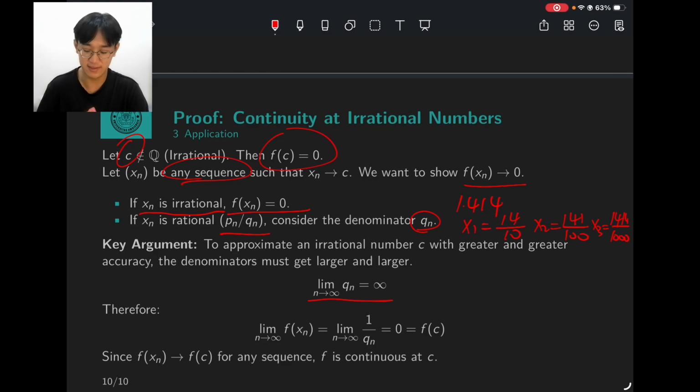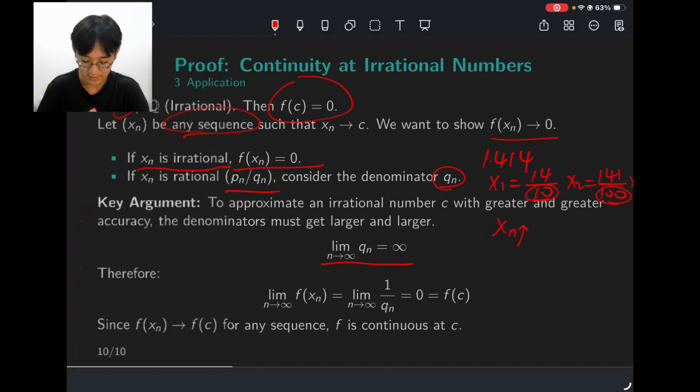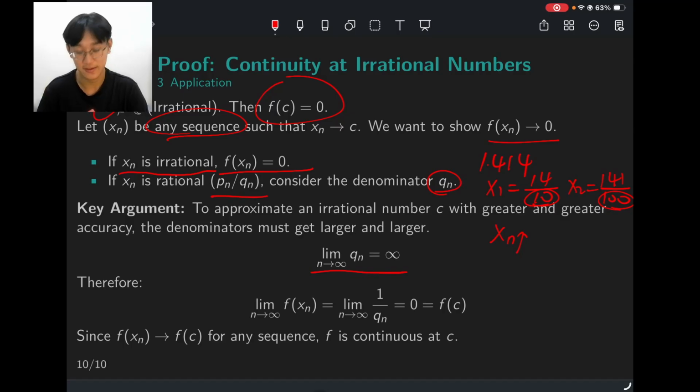I know this is not the lowest term, but as you can see, when n grows, the denominators 10, 100, 1000 grow very quickly. So when n goes to infinity, qn will also go to infinity.